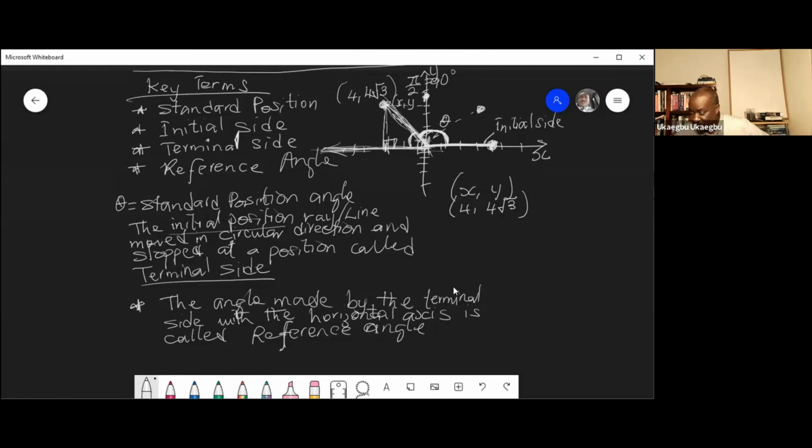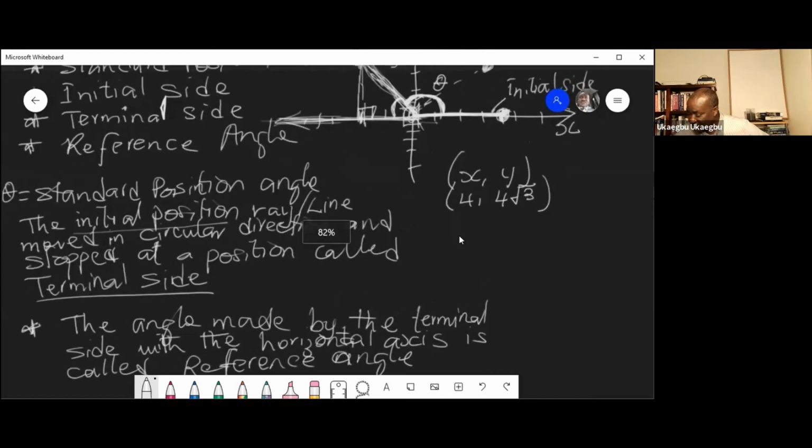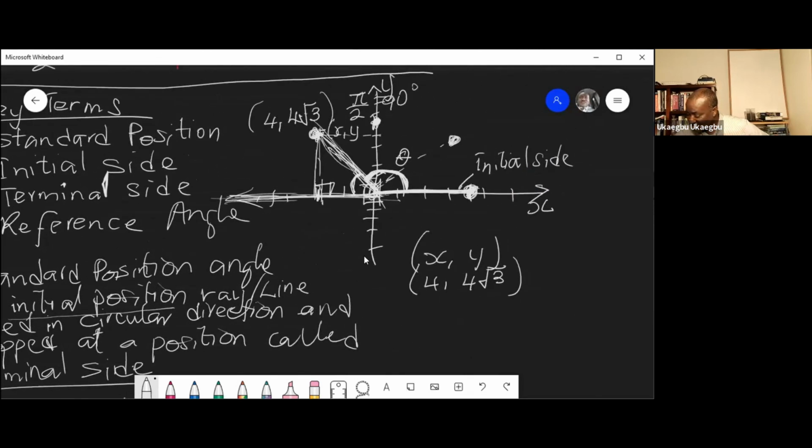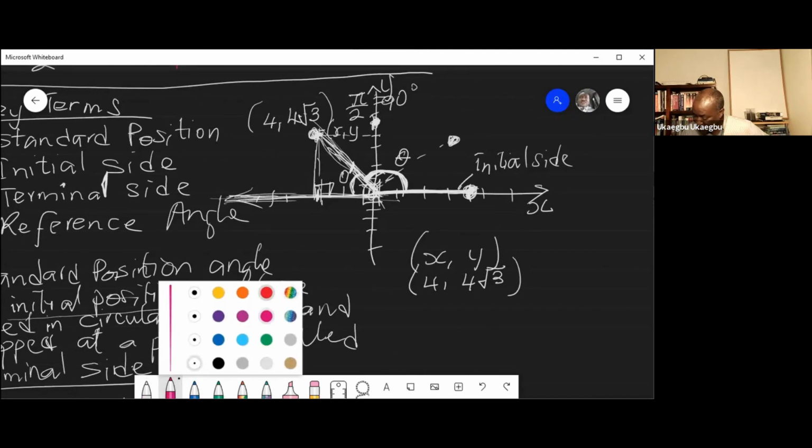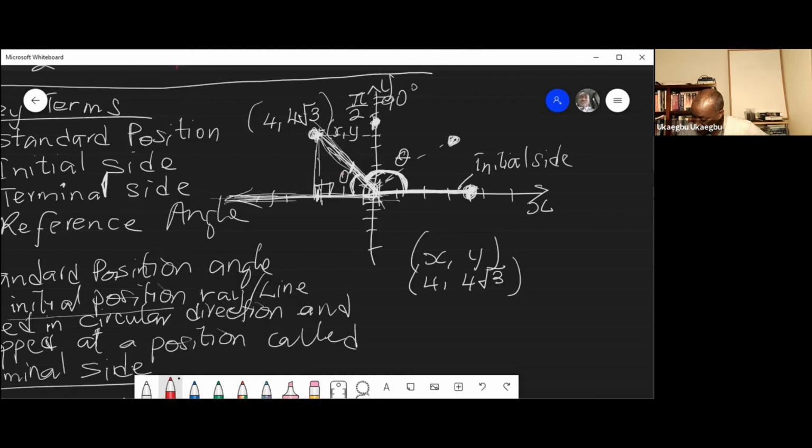So if you're looking at this, let me enlarge it a little bit. Instead of theta, we can call it theta prime. You can definitely call it theta prime.